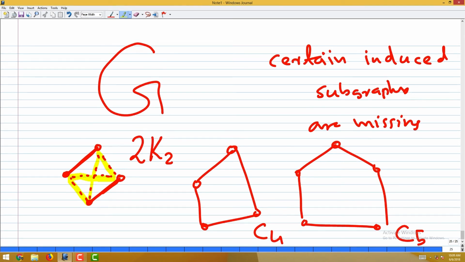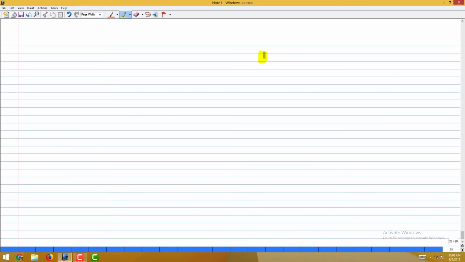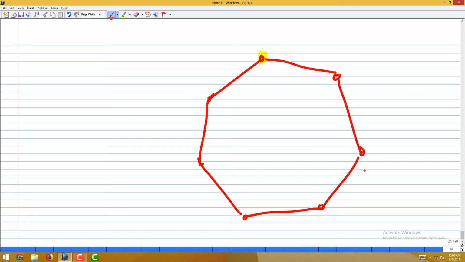Actually, this captures most of it, because from this it is obvious that C6 cannot be there. Why? Suppose there was a C6, now let me highlight it.